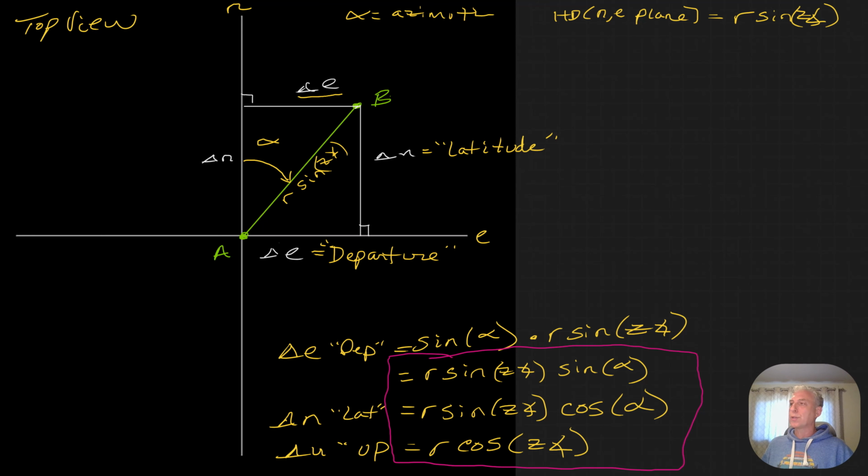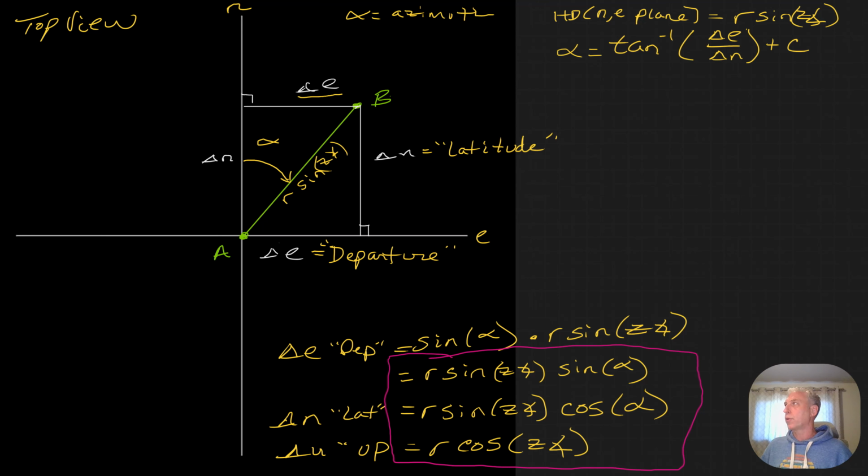And if we rearrange the terms and solve for our alpha or our azimuth and our zenith angle and our r, then we can go the other way, right? So we have alpha, our azimuth, equals the arctangent of the change in the eastings over the change in the northings, plus some constant to adjust for the quadrant, right?